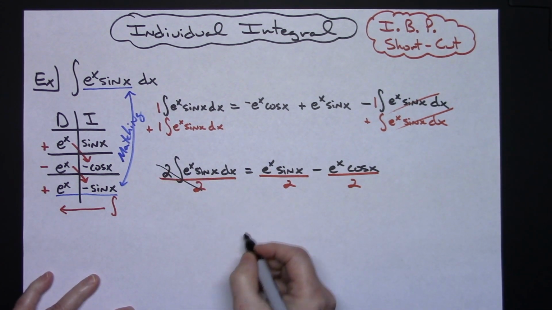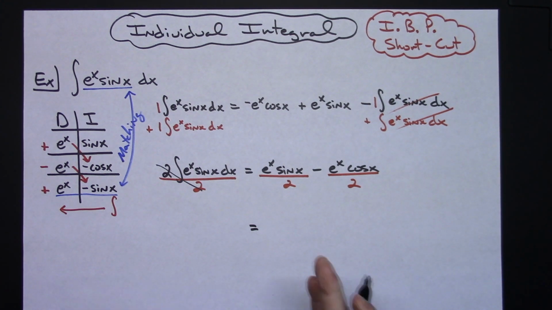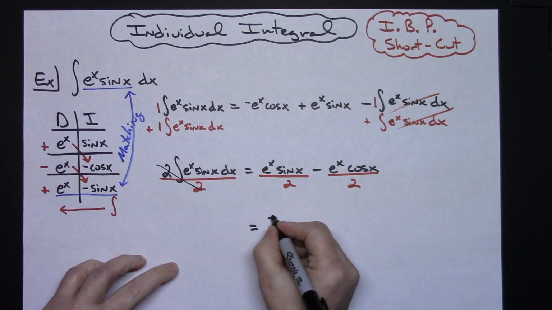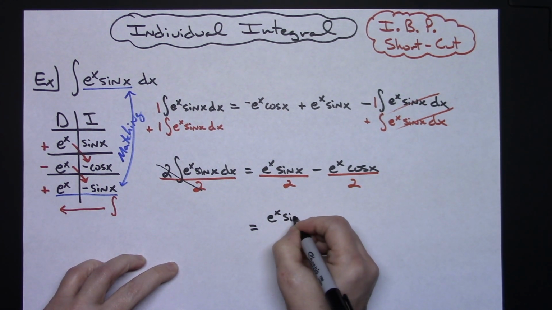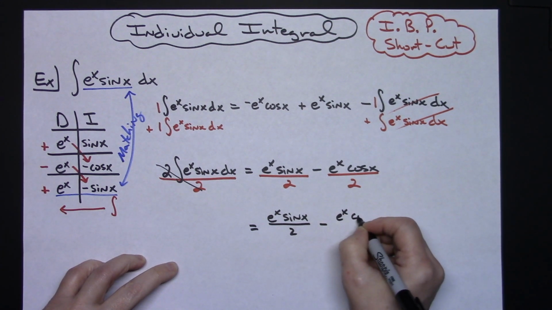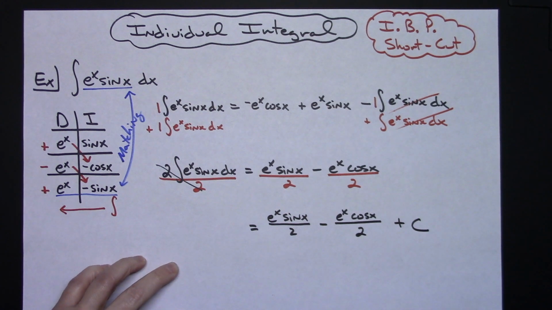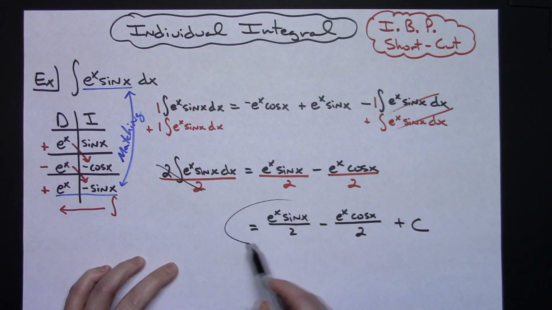The 2's will cross off here. It depends on how much you want to factor out, or if you just want to leave it in that form, but basically it's e to the x sine x over 2 minus e to the x cosine x all over 2, and then don't forget the plus c because you have now integrated this.